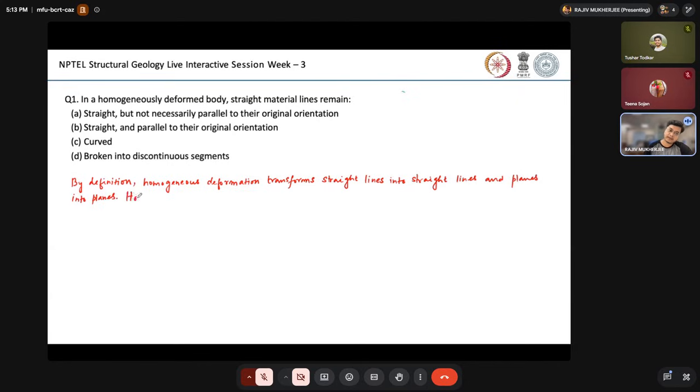However, this is important. However, unlike rigid body rotation, sorry, rigid body motion would be the correct term in this case.